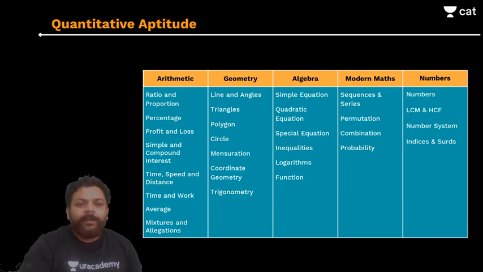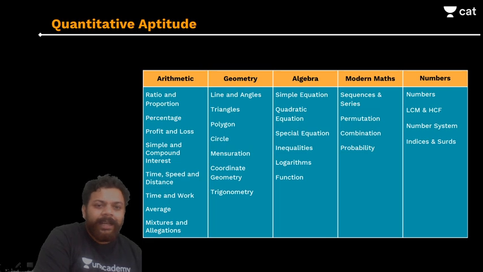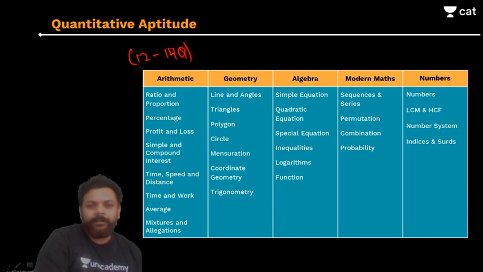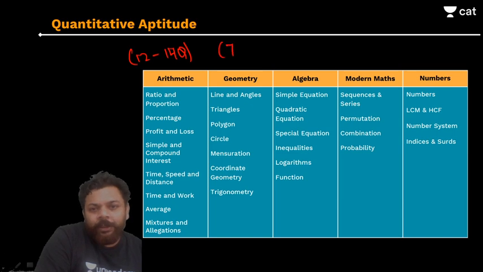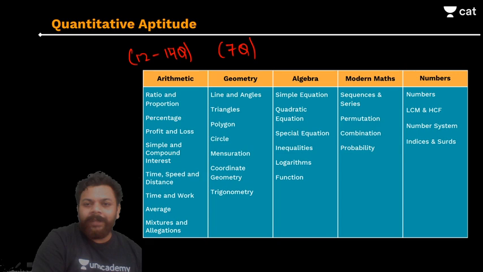And this is my observation since last 4 or 5 years, that from arithmetic you can encounter actually 12 to 14 questions. From geometry you may get 7 questions. From algebra you may get 8 to 9 questions.